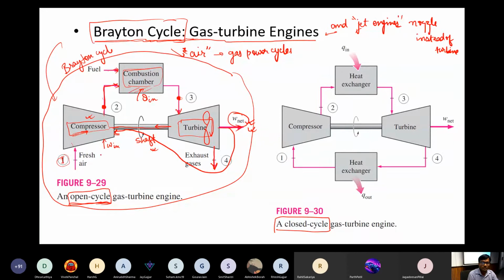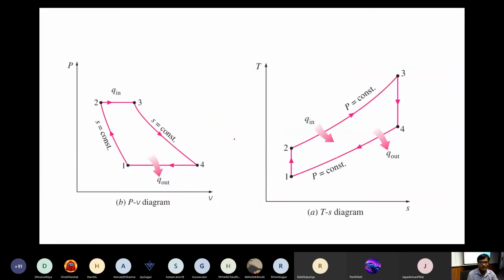Why cycle? Because we allow these exhaust gases to expand to the atmosphere, and we can think that these two states are again recirculated here, releasing some amount of Q out. Okay, so you can see this is your Brayton cycle.